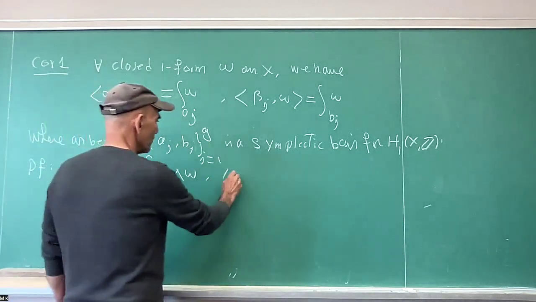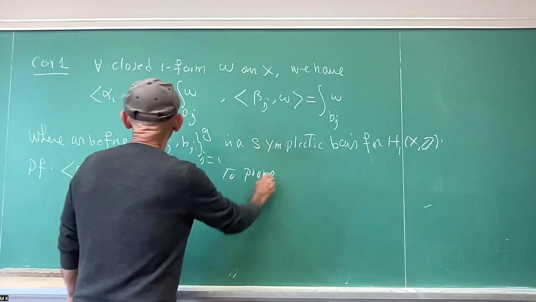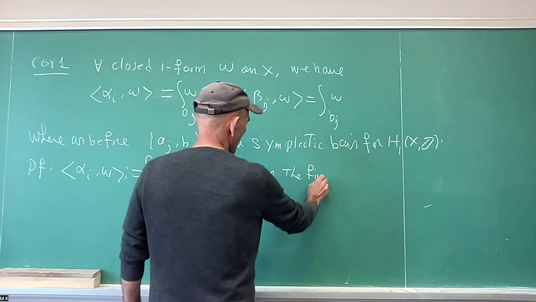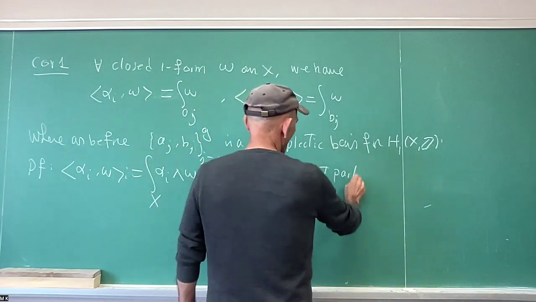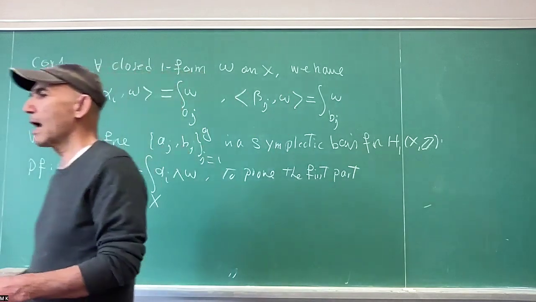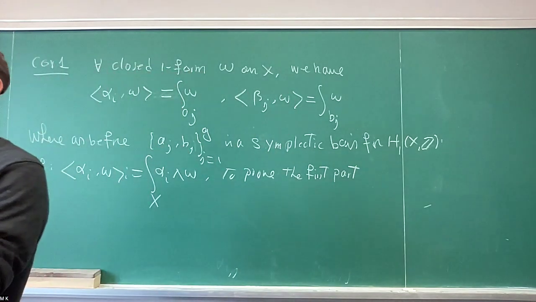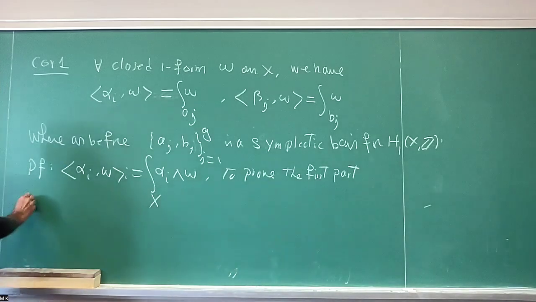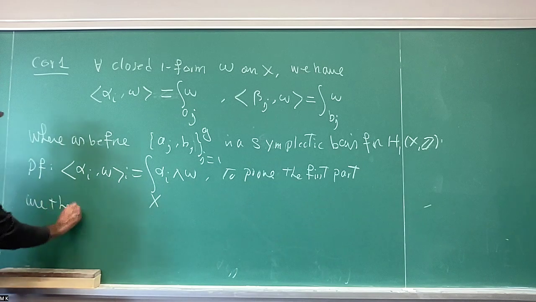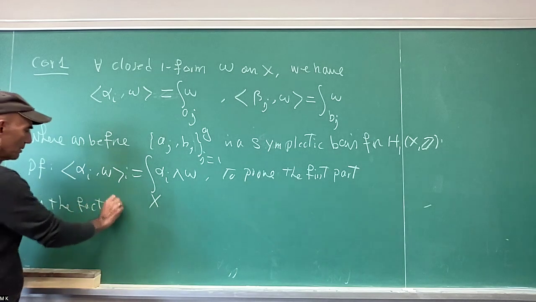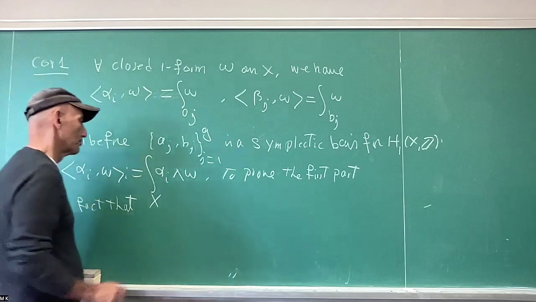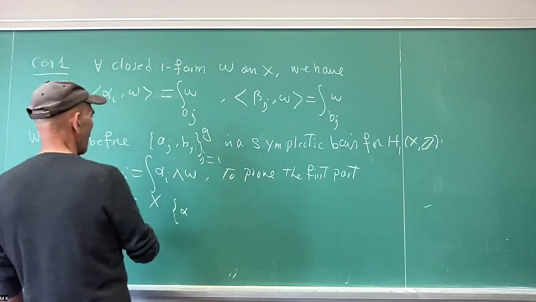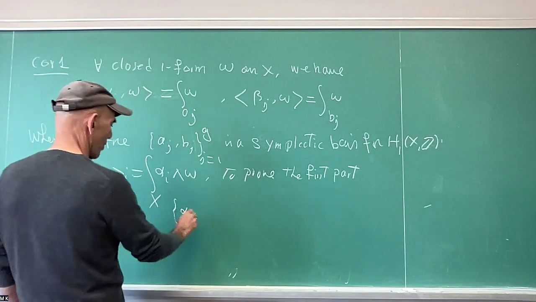Now to prove the first part, we just use the fact that these Poincare duals form a basis for smooth one forms.